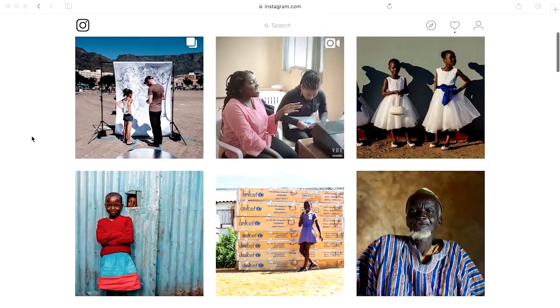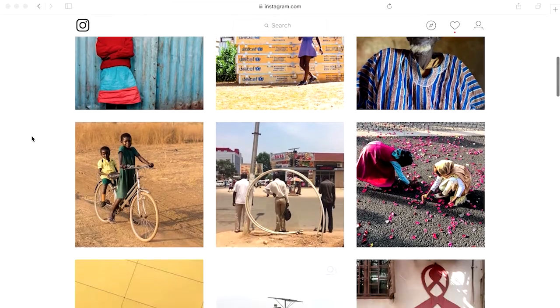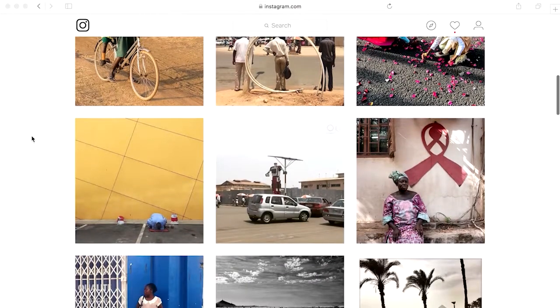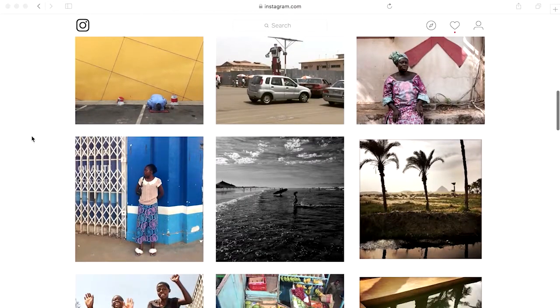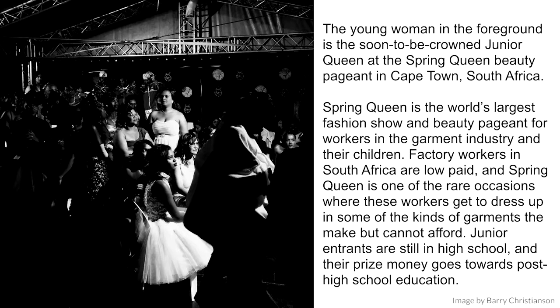Because Everyday Africa is mostly a social media project, that allows us to do a bit more with our captions for the sake of telling a bigger or more personal story. Sometimes the photographers we work with write captions that tell a longer story about the people in the photo.